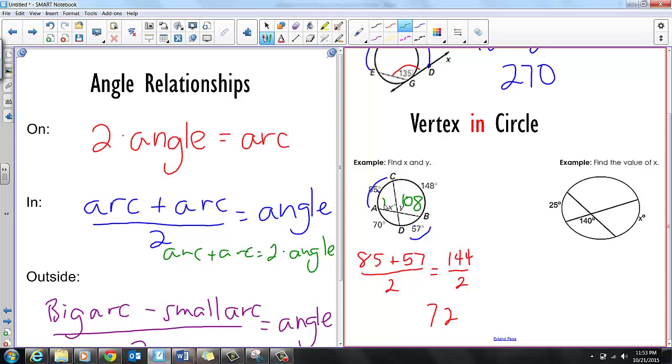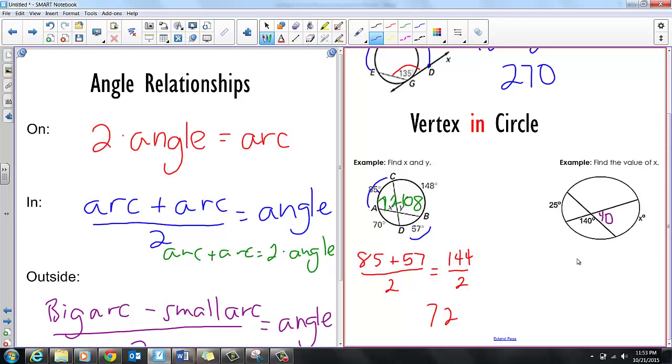It makes a straight line, and straight lines have 180 degrees in them. We're going to use that same logic for this next example. If that's 140 degrees, then this one over here is going to be 40 degrees.